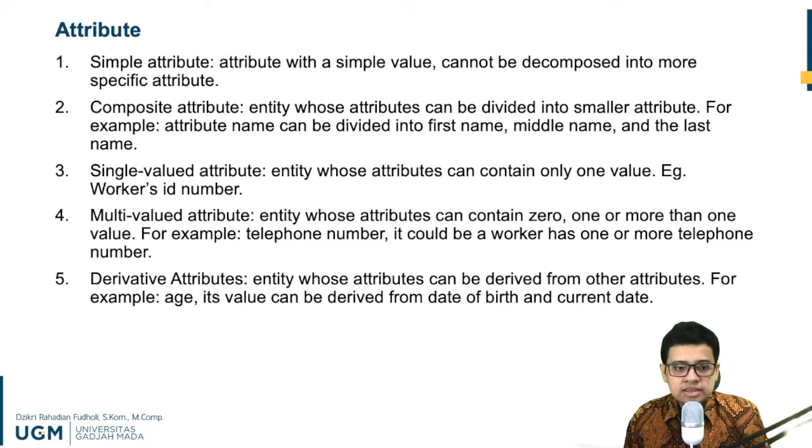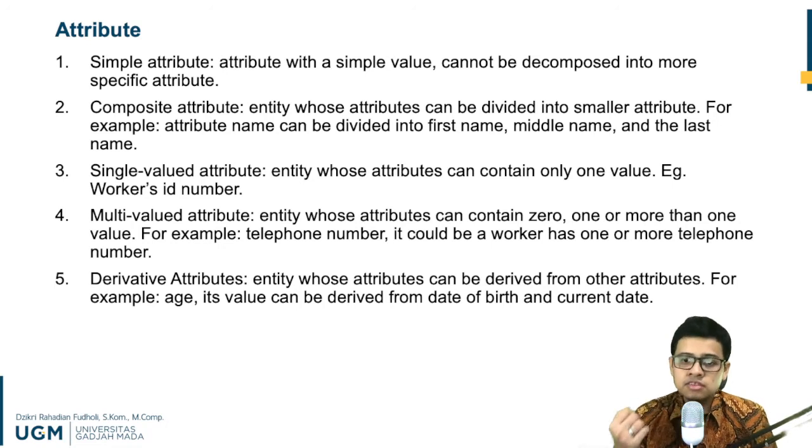And the fifth one is the derived attribute. For example, age. If we have the date of birth and the current date, then we can get the age. That's derived.